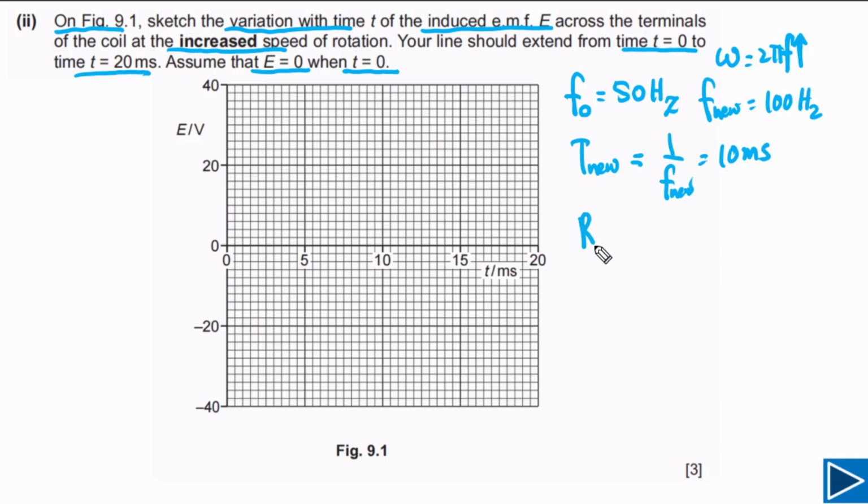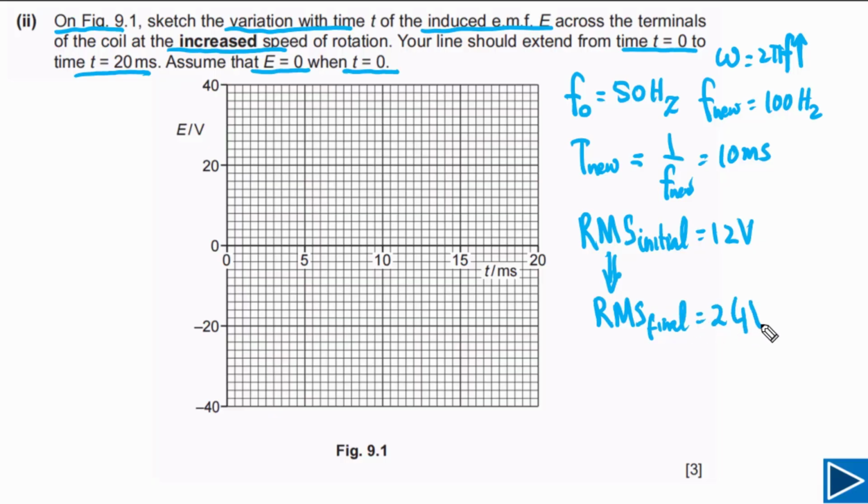It is also given to us that the initial value of RMS, so I can say RMS initial, is equal to 12 volts. But after the angular speed is doubled, the RMS value of EMF was also doubled. So the final RMS value is double, so this is 24 volts now.